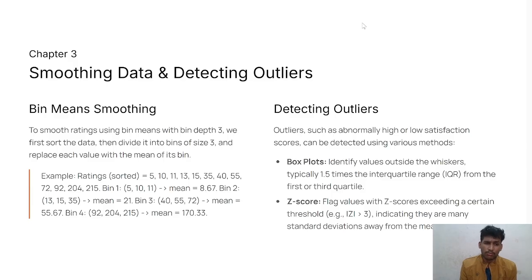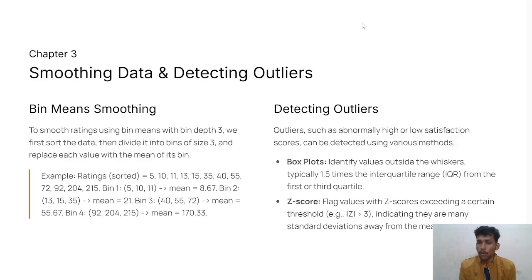Bin means smoothing. To smooth ratings using bin means with bin depth 3, we first sort the data, then divide into bins of size 3 and replace each value with the mean of its bin. I have given the example, you can check it out. Detecting outliers. Outliers such as abnormally high or low satisfaction scores can be detected using various methods.